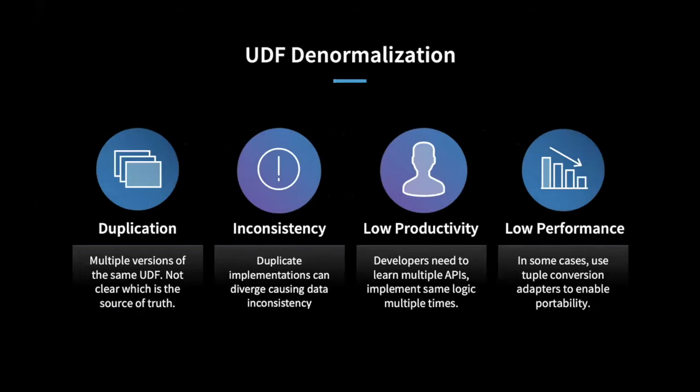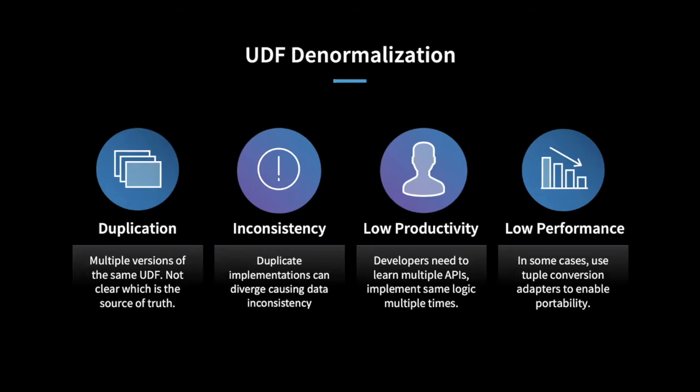This kind of inconsistency in UDF APIs and difference between the APIs that the engines provide to write those UDFs result in a phenomenon that we call UDF denormalization, which is a manifestation of the duplication of the UDFs due to having to express the same logic multiple times in multiple engines, just because developers need to adhere to the APIs of those engines.